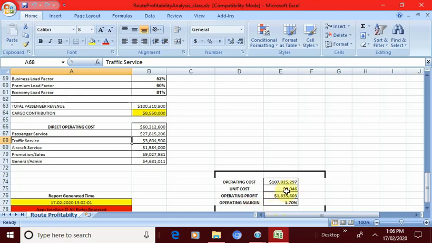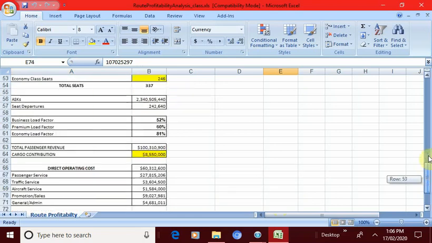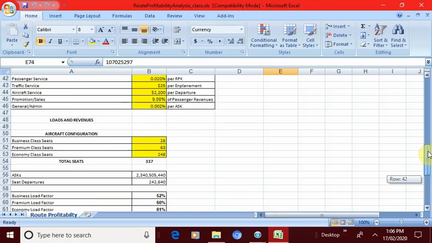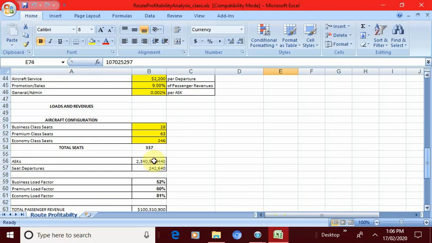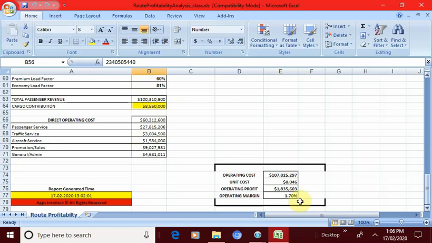If you look, the unit cost is 0.0446, which is operating cost divided by ASK. So we get the unit cost, and the operating margin is 1.70.